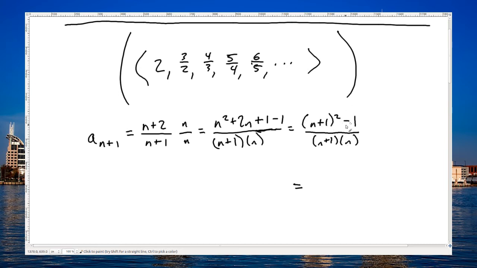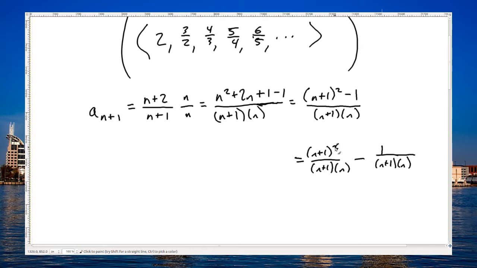That's equal to, I can split this up into (n+1)² over (n+1) times (n−1), over 1 over (n+1) times n. Finally, I can cancel the square here and here. It gets me (n+1)/n minus something positive, right?